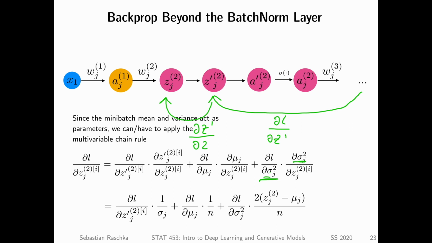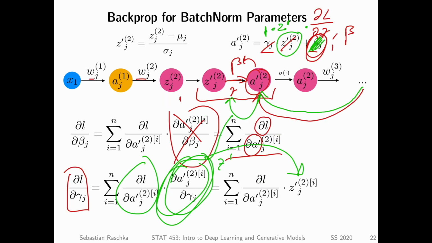One more thing I wanted to say in the previous slide. It's maybe a little bit confusing why we have to do this. In the previous slide, what we did is we computed beta and gamma. These are the leaf nodes, the weight parameters that we want to update. But now we stopped, basically. We went from the loss to here, but ultimately we also want to update our weight parameters, right?